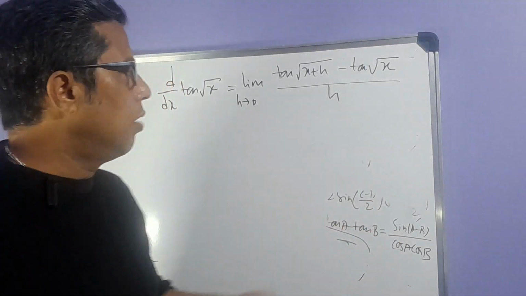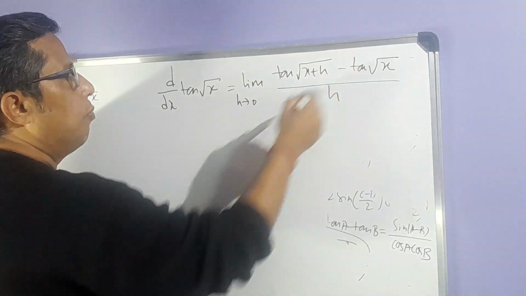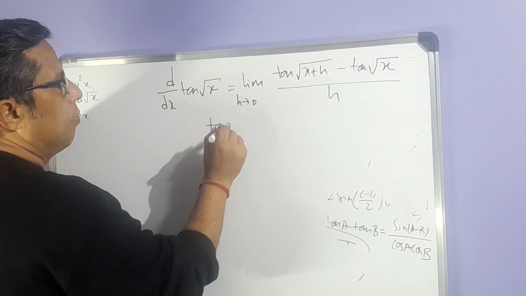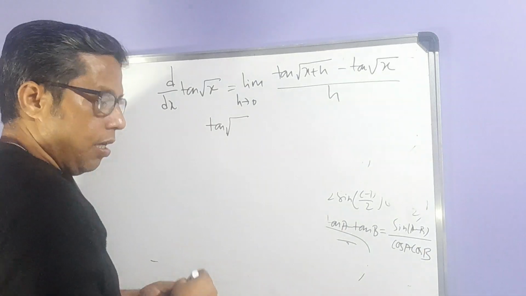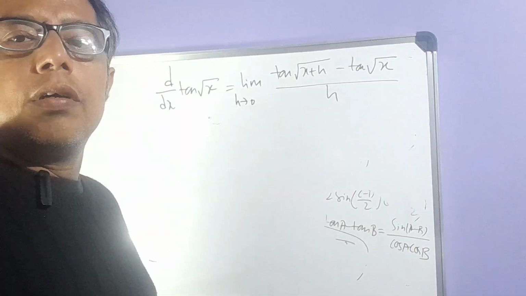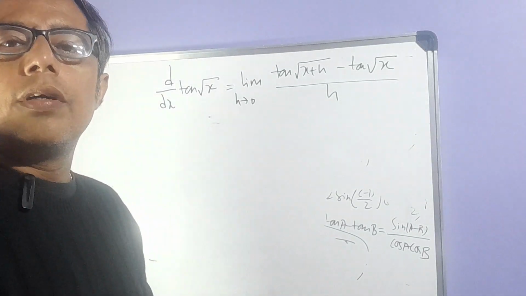So what we have to do, we have to break it in sine and cos. So let us simplify this one. Tan of x plus h means, let's break it to sine and cos.